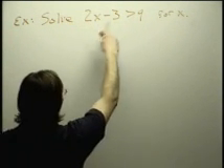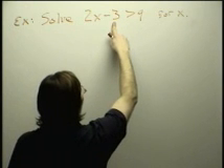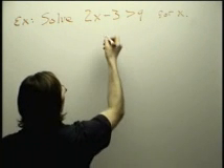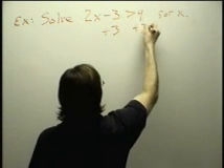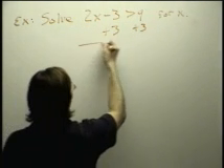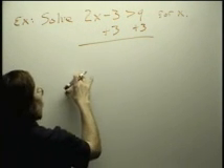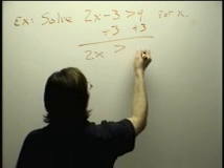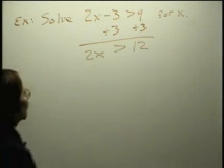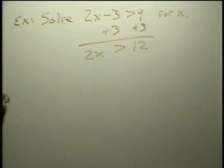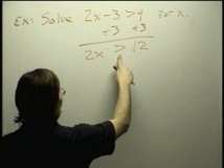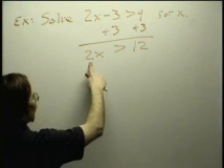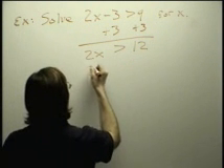We're trying to isolate x, so we need to get this constant on the other side. So we add 3 to both sides. Since we're adding, that's not going to affect the inequality symbol. So we have 2x is greater than 12. Now, if this were an equation, we would divide by 2 to get rid of this coefficient. So let's go ahead and do that.